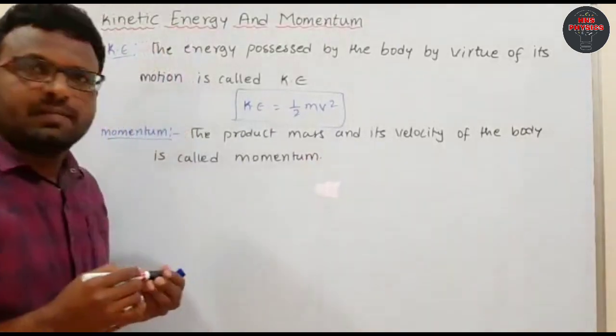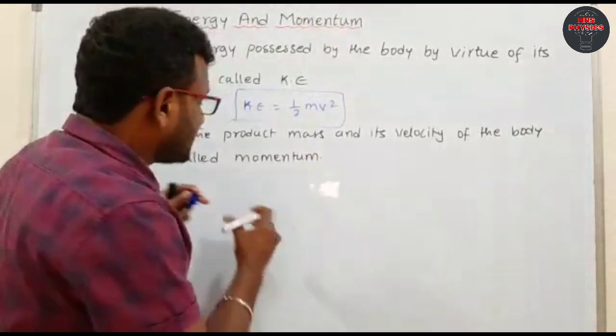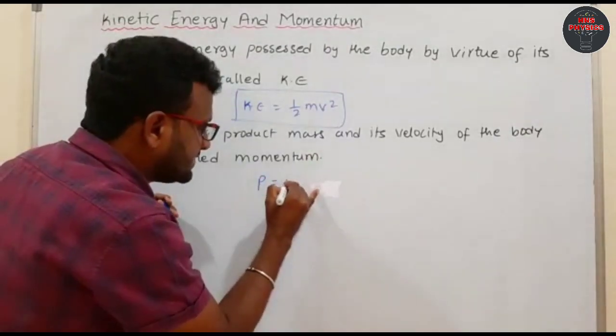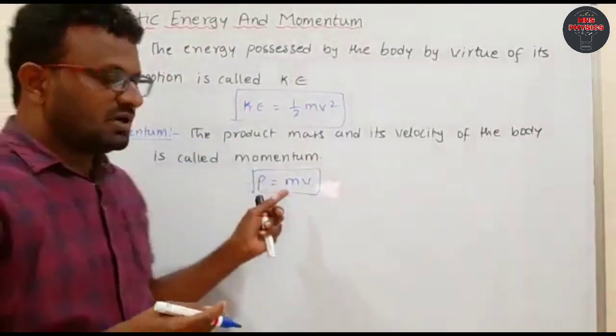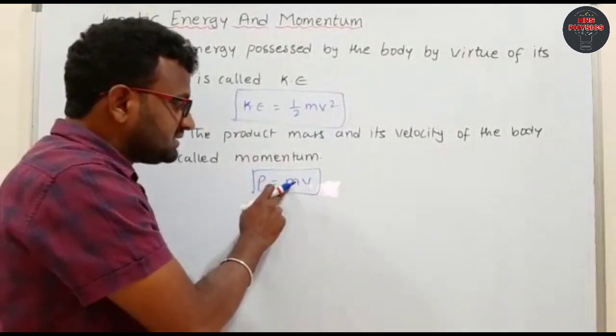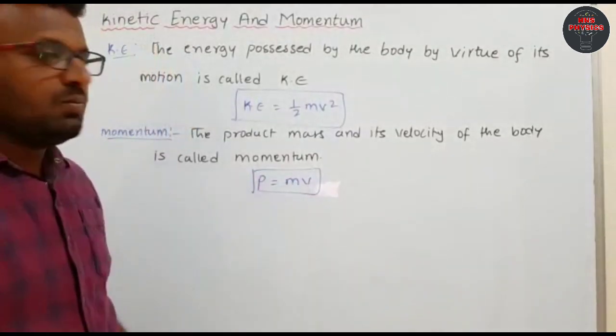Write the definition here. It is denoted by P. So P equal to m into v is the mathematical expression for momentum. The product of mass and its velocity is called momentum.